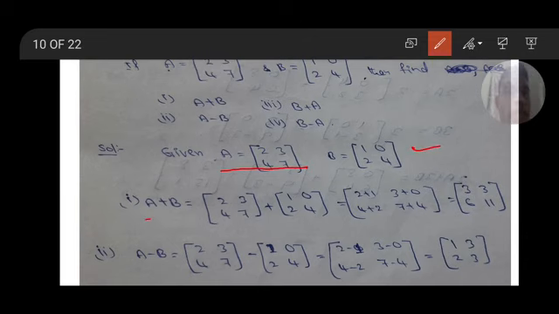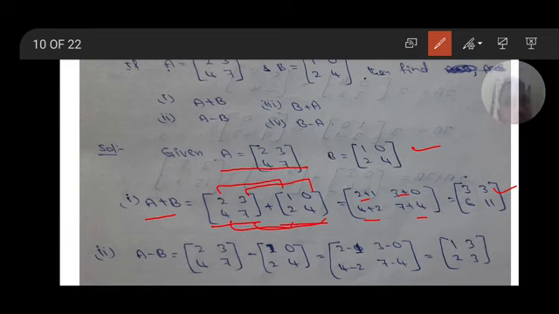A plus B means adding corresponding elements: 2 plus 1 is 3, 3 plus 0 is 3, 4 plus 2 is 6, 7 plus 4 is 11.